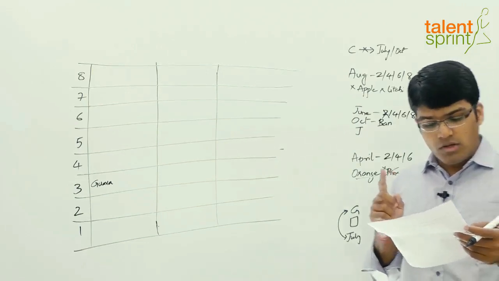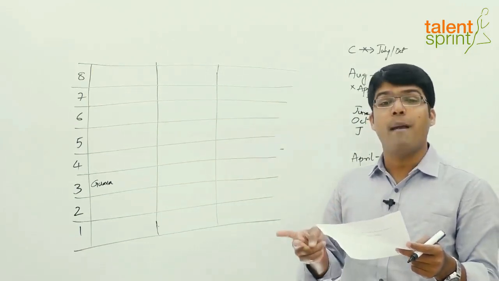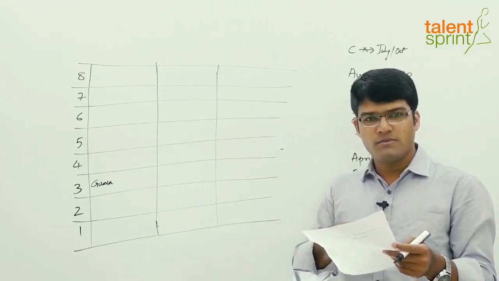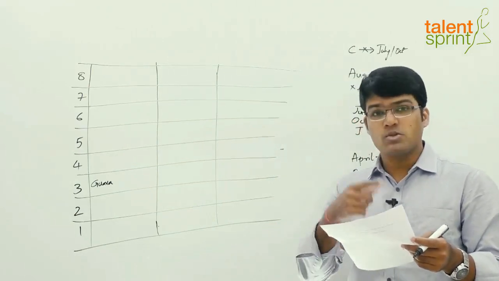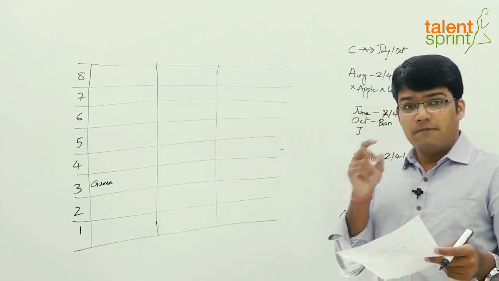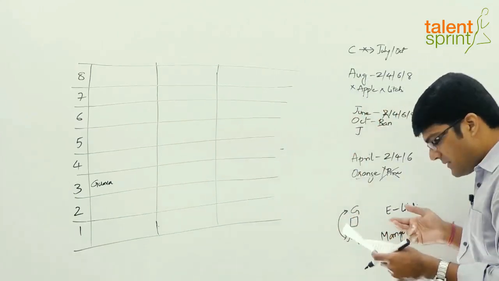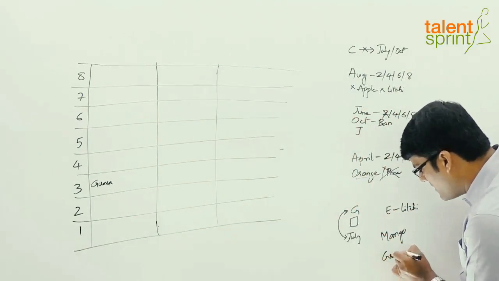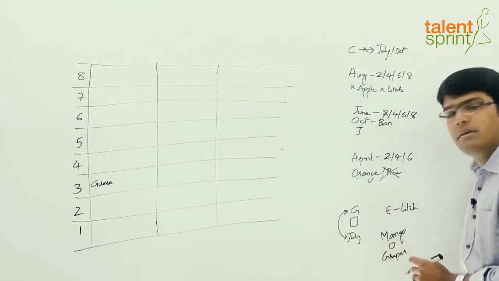And moreover, if you look at the previous statement, we know that both mango and grapes are for even numbered floors. Yes or no? Which means, since grapes is below mango, there are multiple possibilities. Minimum one floor will come between mango and grapes.